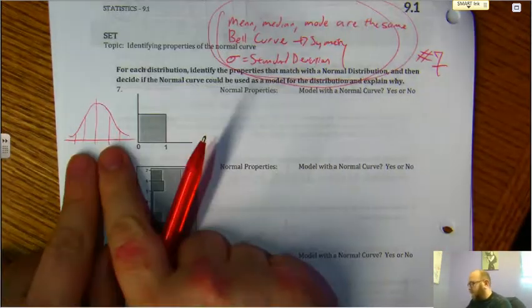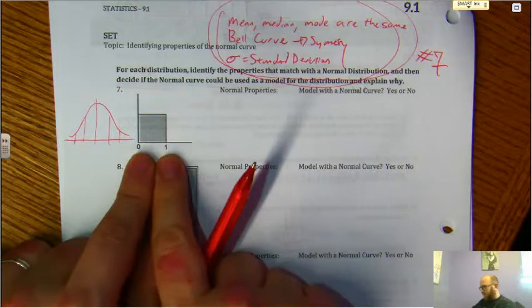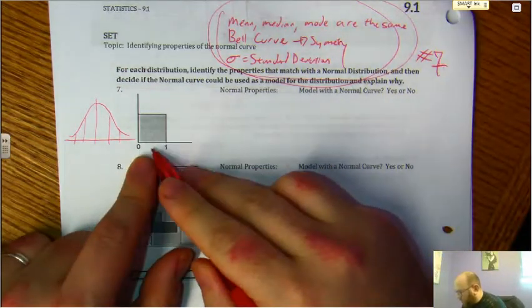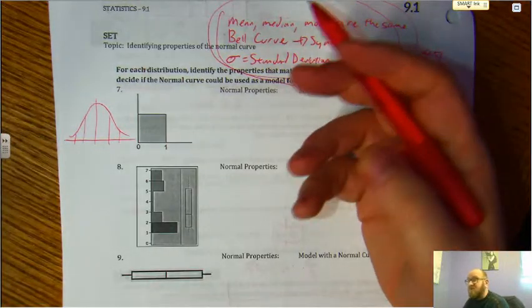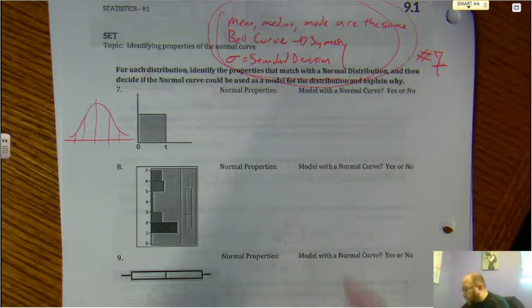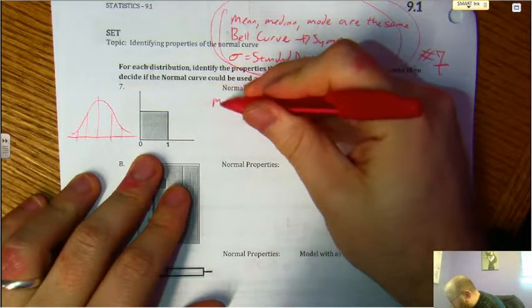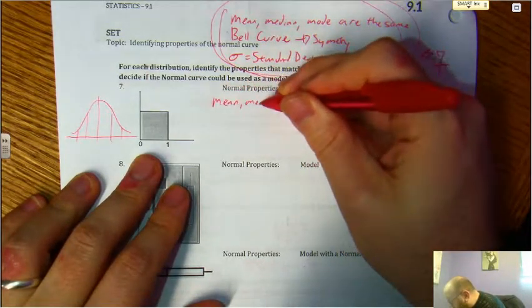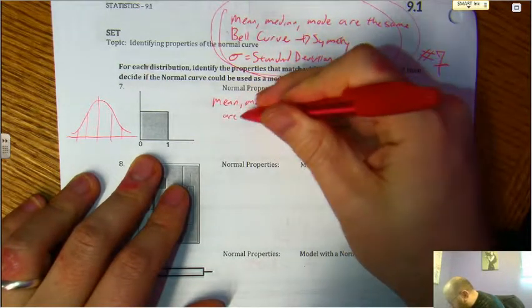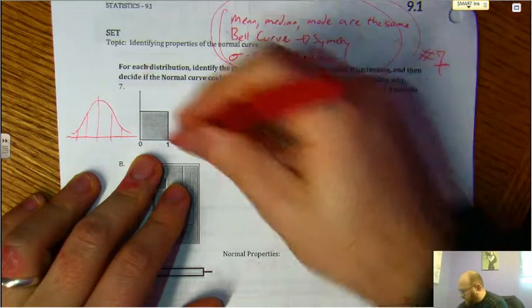When I compare that to this problem, not number 7 in our classwork, but this one, this has nothing. There's no spread of information. What do I have? Well, it appears that my mean, median, and mode are the same, right? That's all the same.